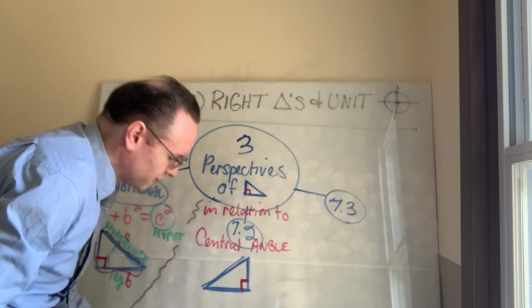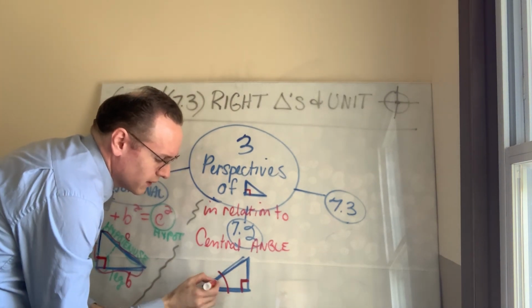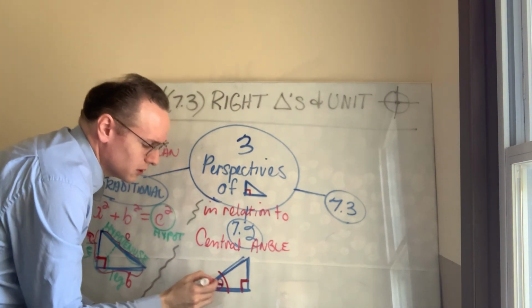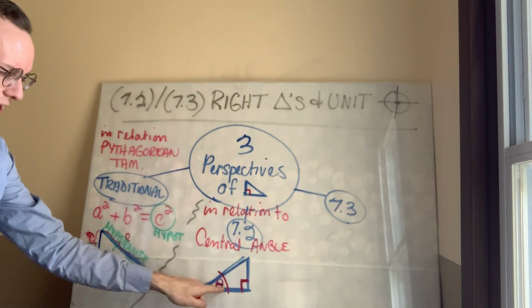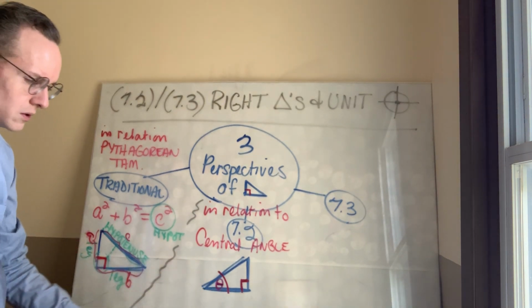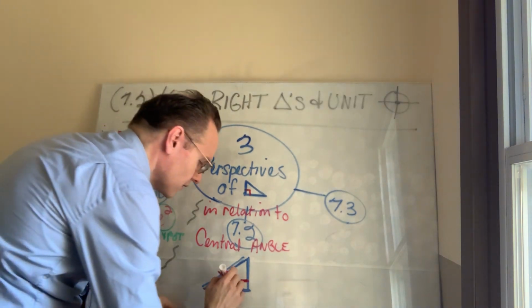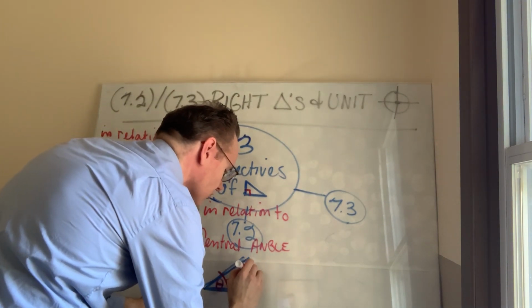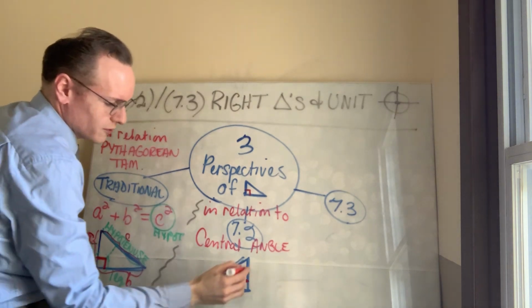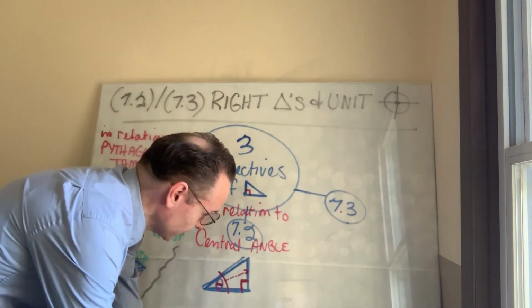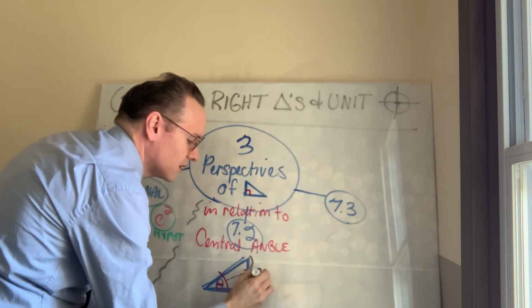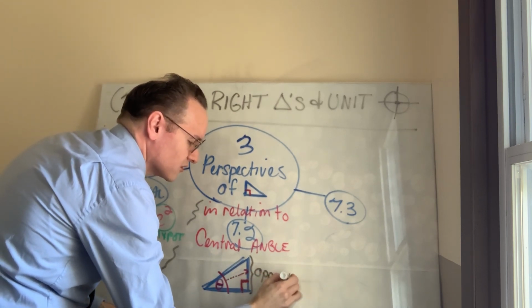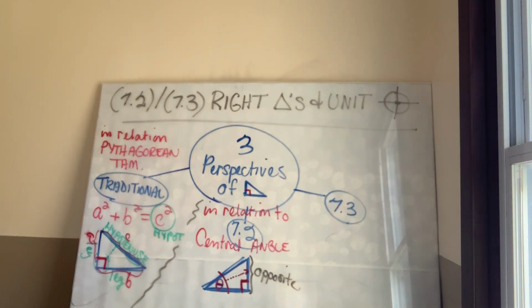In respect of some angle that would be here, and I'll put the little Easter egg theta symbol here to represent an angle. In respect of this particular angle, the side that is across from it is referred to as, I'll put this in a different color, opposite. Which makes perfect sense. It's opposite of the angle.